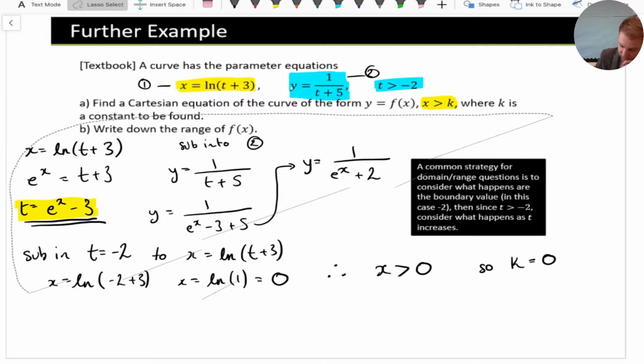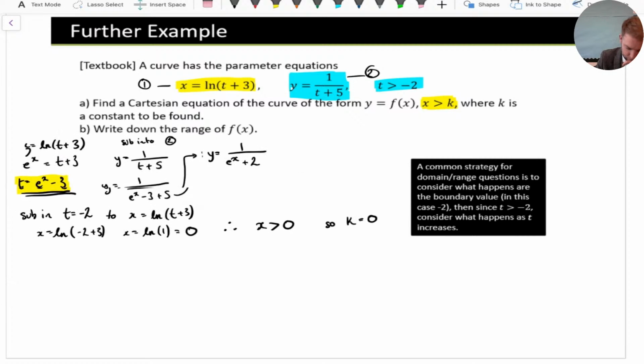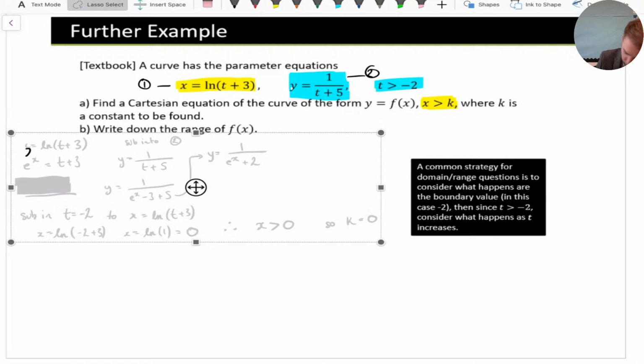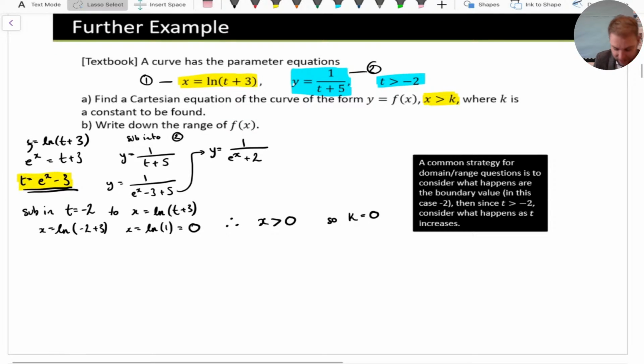So the next up, we need to think about part B. Part B says, write down the range of f of x.